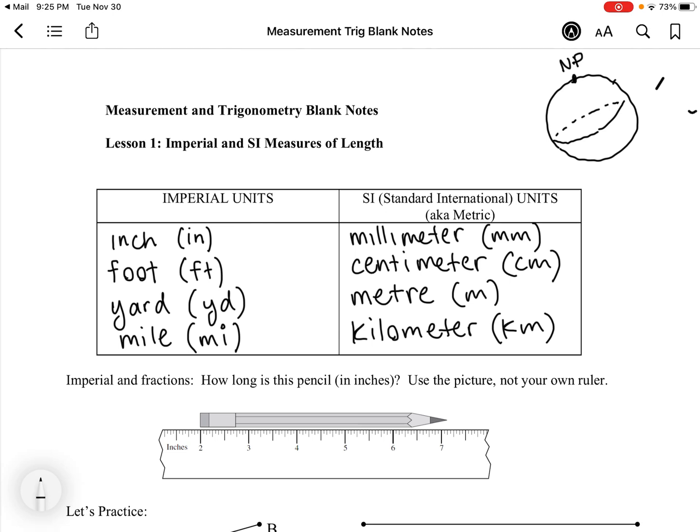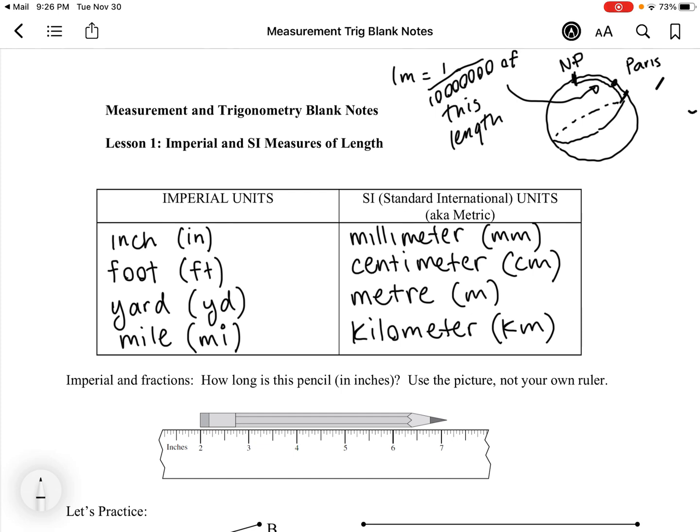Let's say Paris is over here somewhere, and we look at this arc length over here, part of that circumference. 1 meter is 1/10,000,000th of that length. So that's the definition of a meter.